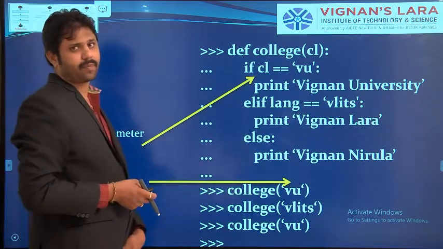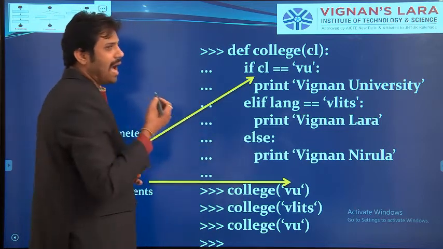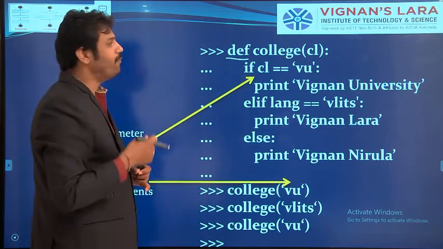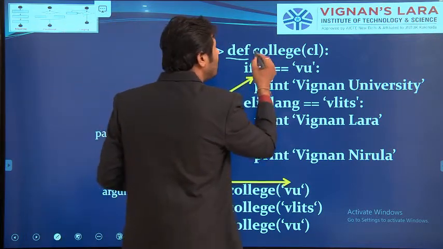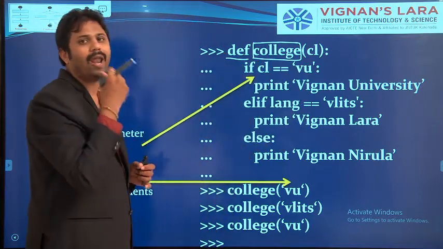So let us see with a small example. I said a function is going to be defined with the def keyword. After that, the function name. Here my function name is college.